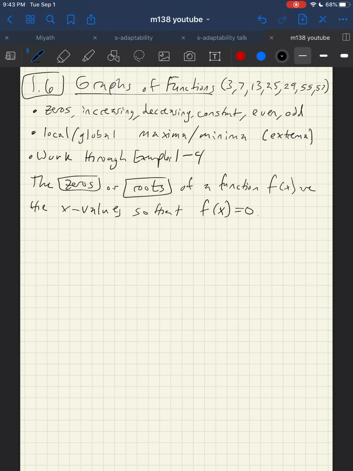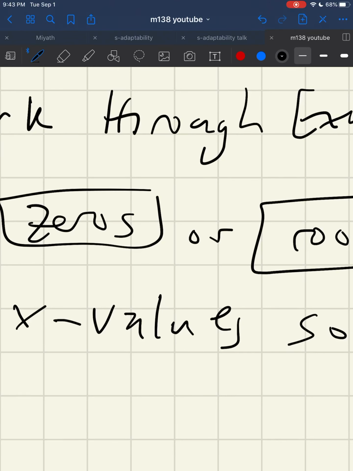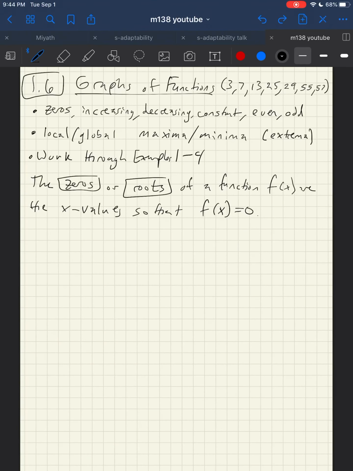And you notice this is zeros without an e. If I had an e here, that would be the present tense of the verb zero, like to zero in. He zeroes in on the subject. So it's zeros without an e, just a little note.